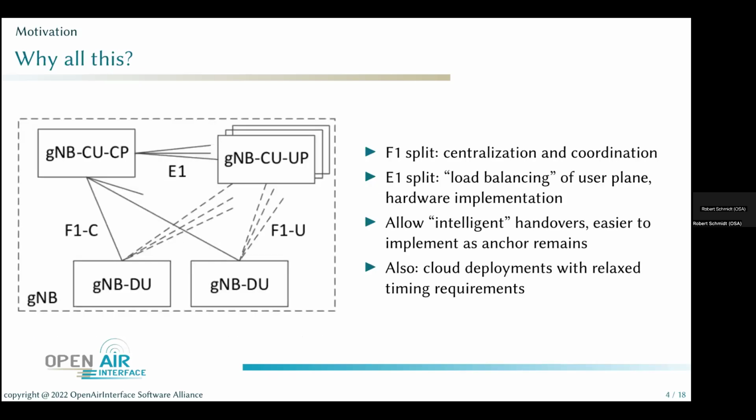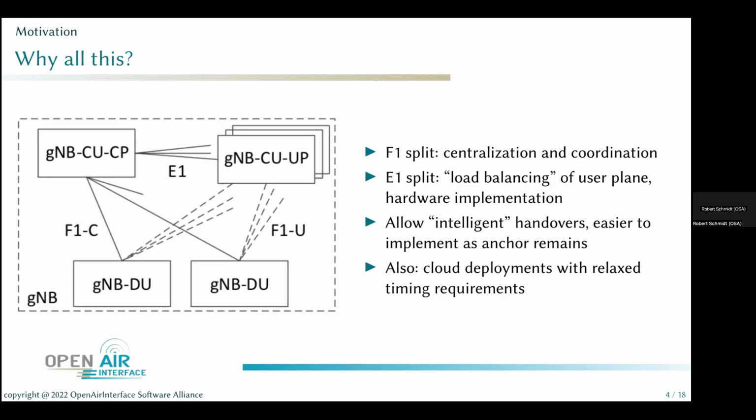Now, just to say in a nutshell why we do all this. Once more the same figure as before, in a slightly different arrangement. We always have one CU-CP that is connected to multiple DUs via the F1 interface, and it is also connected to multiple CU-UPs via the E1 interface. The F1 split does centralization and some coordination, which we will see later with the handover.